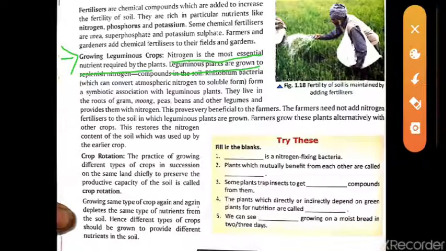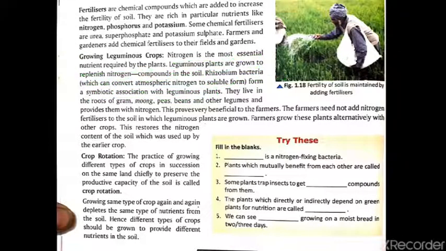Leguminous plants are grown to replenish nitrogen compounds in the soil. Rhizobium bacteria, which can convert atmospheric nitrogen to a soluble form, form a symbiotic association with leguminous plants. Whatever we read in the previous part, the same thing is given.